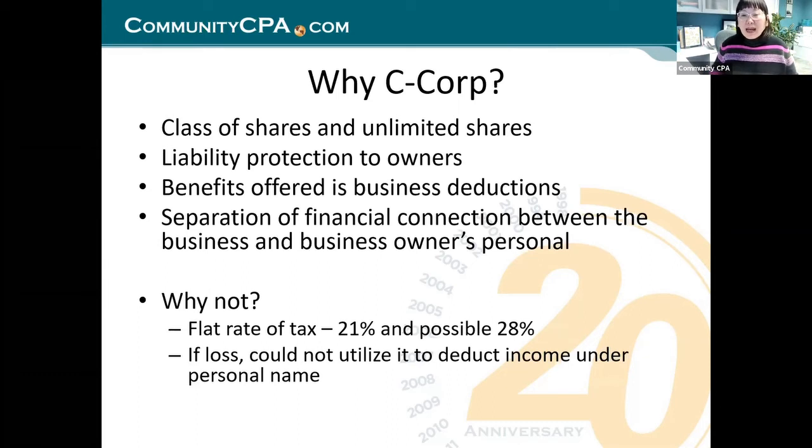Okay. C-corp has a flat rate right now after the Jobs Act. President Trump passed the Jobs Act in 2018 and it made C-corp 21% flat. It saved the big corporations so much money because they used to pay 38%. So now they only pay 21%.